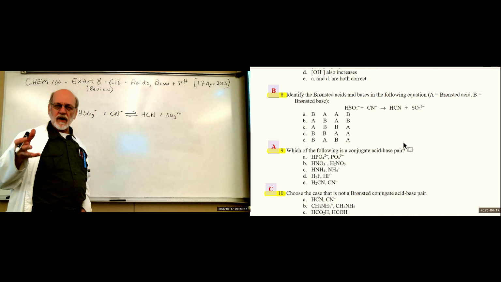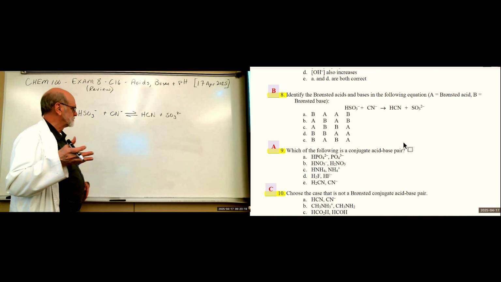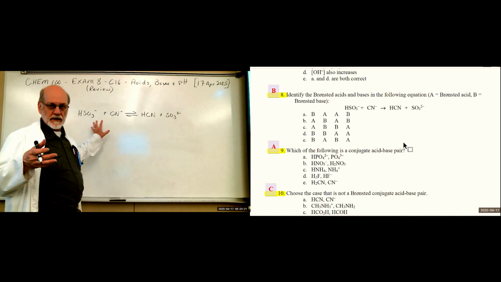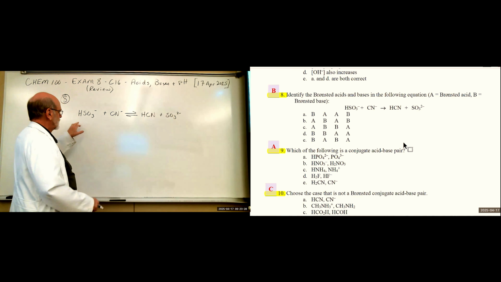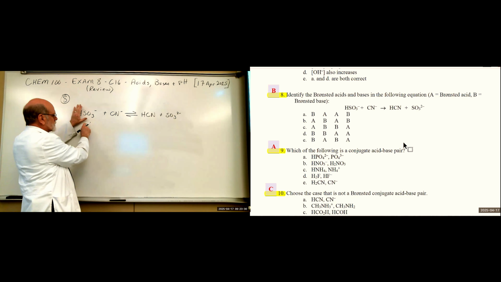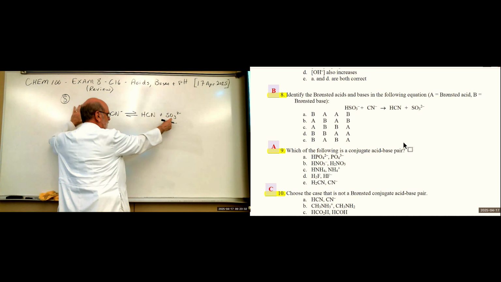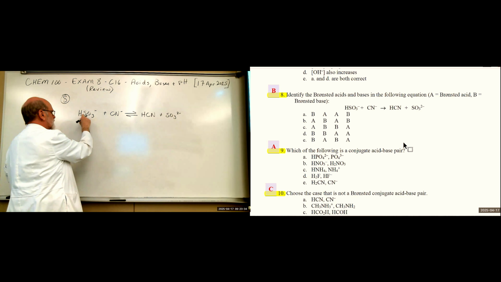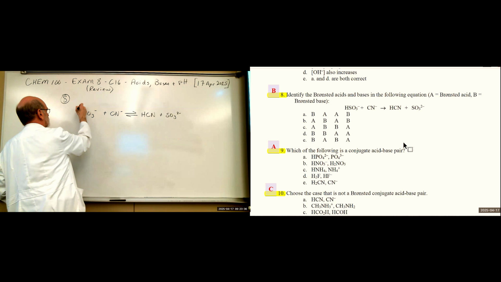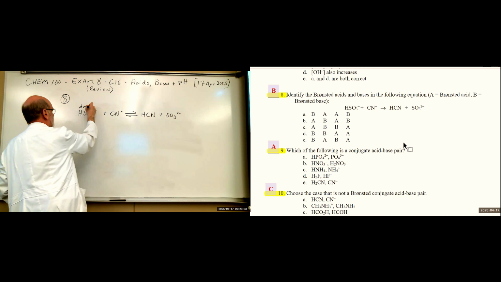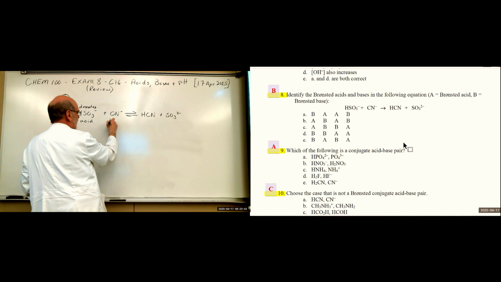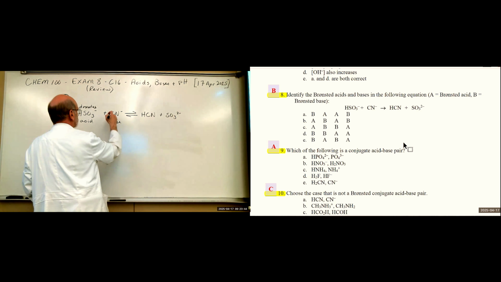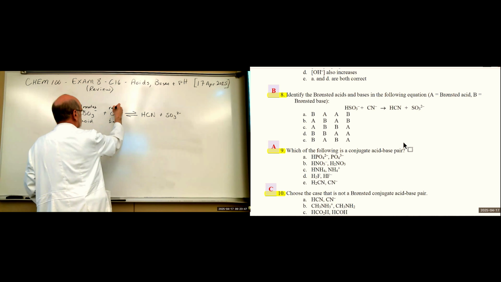So in terms of Bronsted and Lowry, we start on this side, which one donates a proton? If this one loses that proton, there you go. So this one is the proton donor. That makes it an acid. That means this one has to be the base. This one receives.